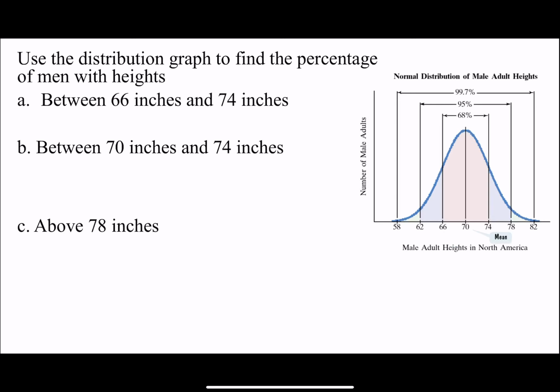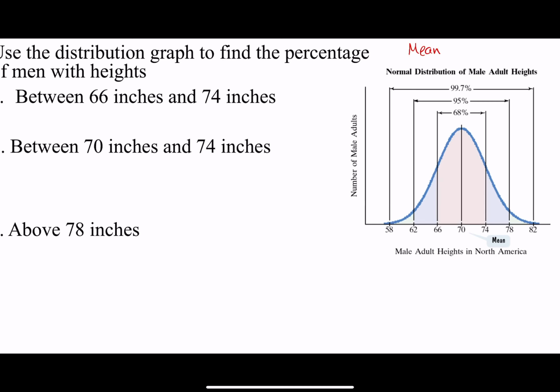Now, this question says, use the distribution graph to find the percentage of men with heights between 66 inches and 74 inches. First of all, this question told us that the mean value is 70 inches and the standard deviation is 4.